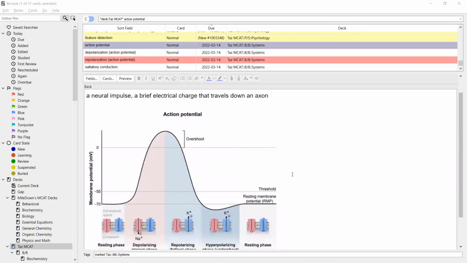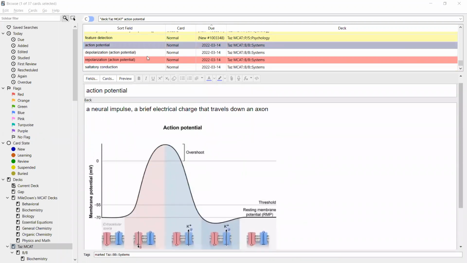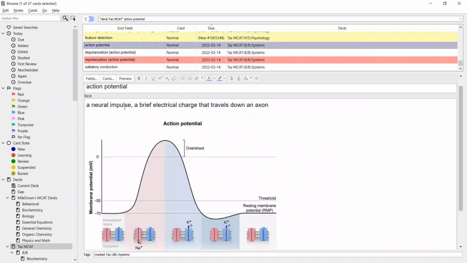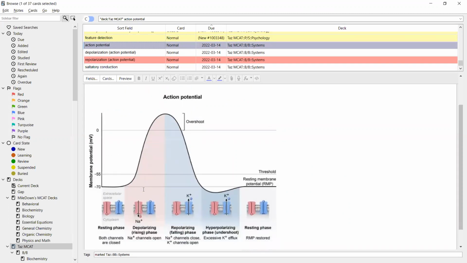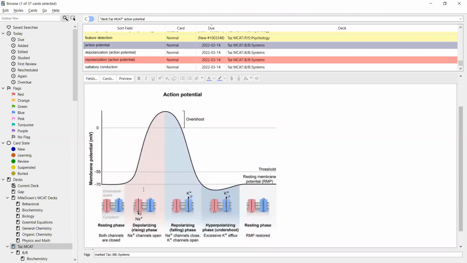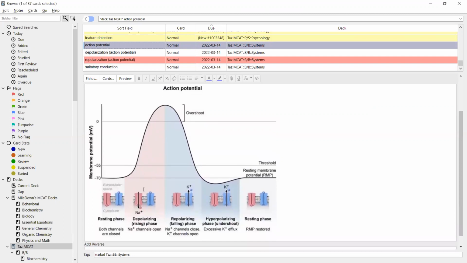You've probably seen this kind of graph before, where you can see membrane potential on the left. It's showing how a membrane experiences an action potential, and how that happens is through what I've just shown you.